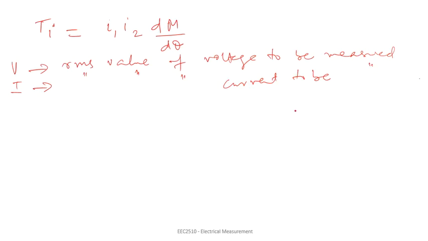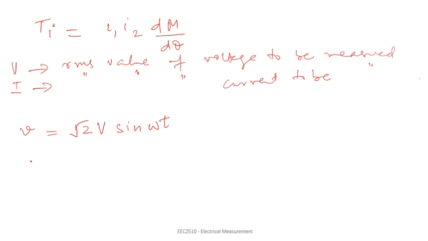The instantaneous value of voltage across the pressure coil circuit, which we represent by small v, will be root 2 V sin omega t. We have just discussed that the pressure coil circuit has a very high resistance connected in series, so we can treat the pressure coil circuit as purely resistive.